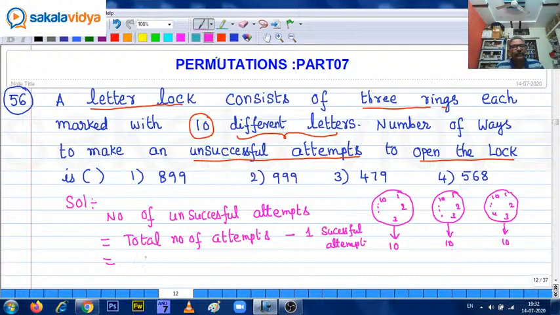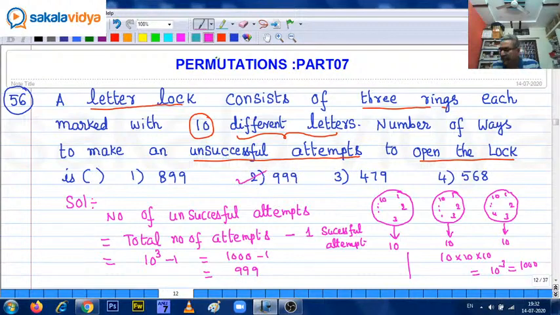This is 10 cube minus 1, because this can be done 10 into 10 into 10. 10 cube is 1000, so 1000 minus 1 is 999. That means the second option is the right option. Okay, understood now? I hope everybody understands this one.